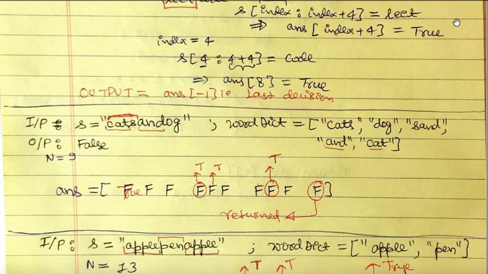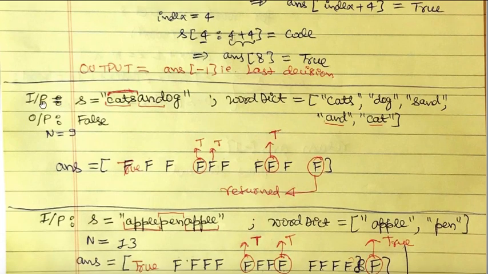So now let's consider another example to make the point clear. Here the input string is cats, then an, and then dog. We see that it's not cats and dog, it is cats, an, then dog. And now our word dictionary is cats, dog, sand, and cat.